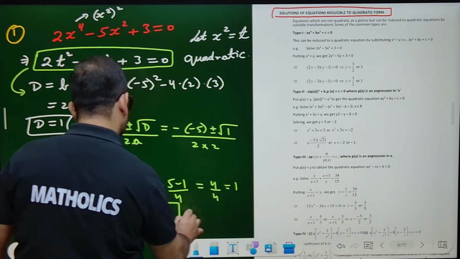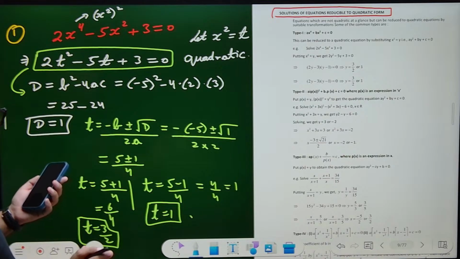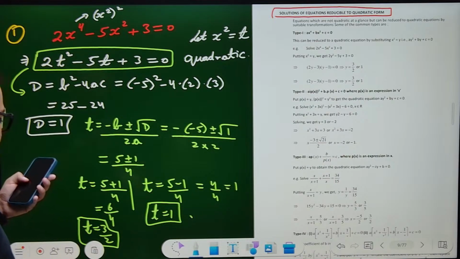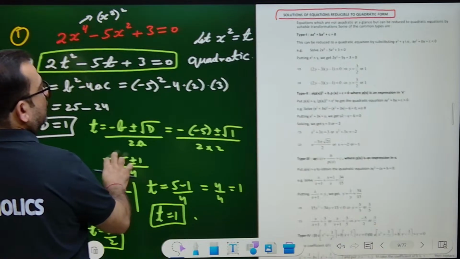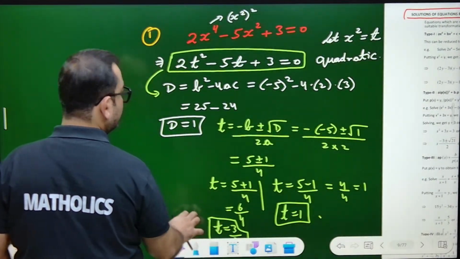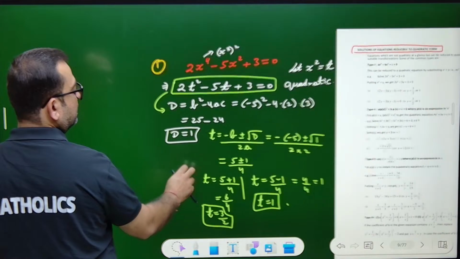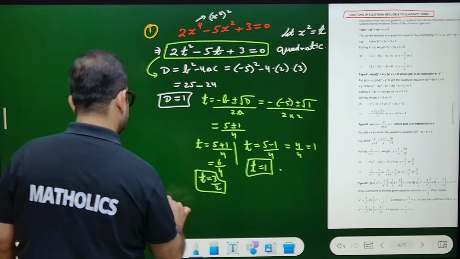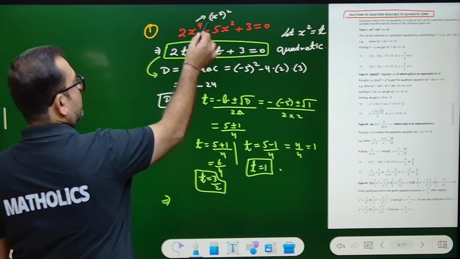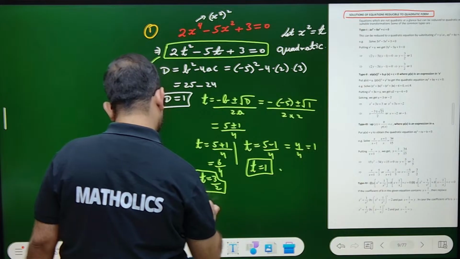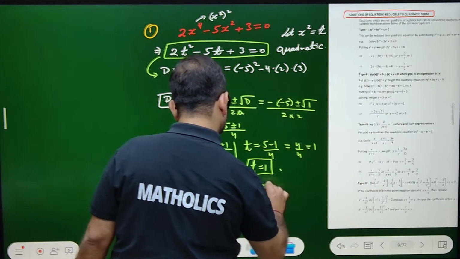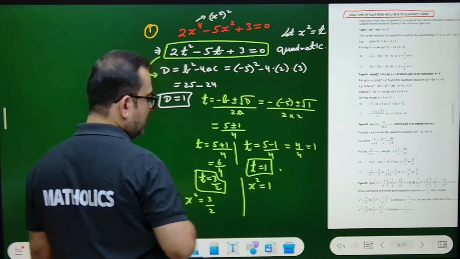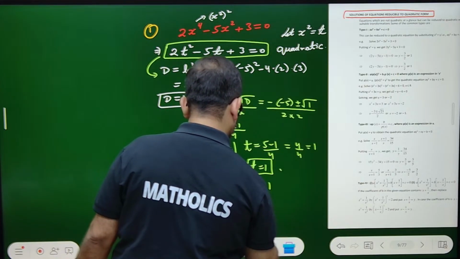But we are not here for finding t. We just have to find x. So now the last part. It implies t was x square. So x square equals 3 by 2. Here you will write x square equals 1. So x square equals 1, that means what?